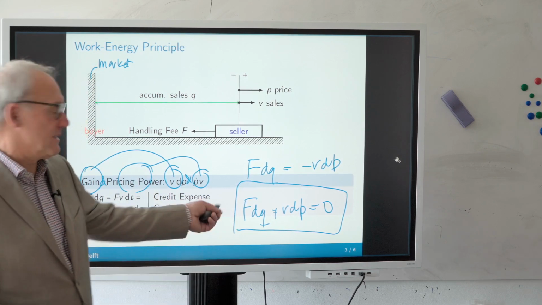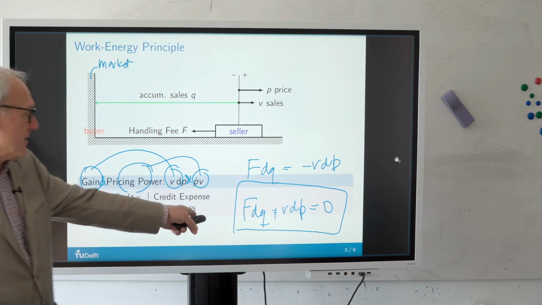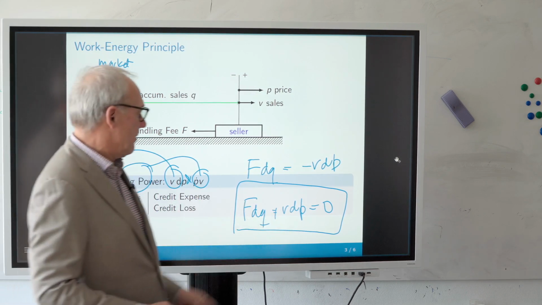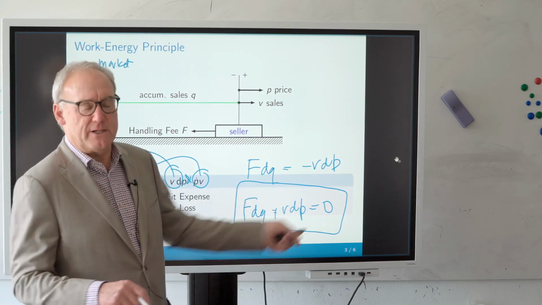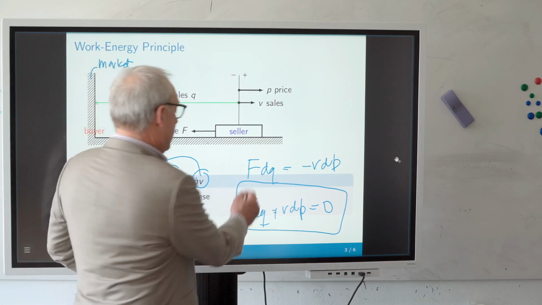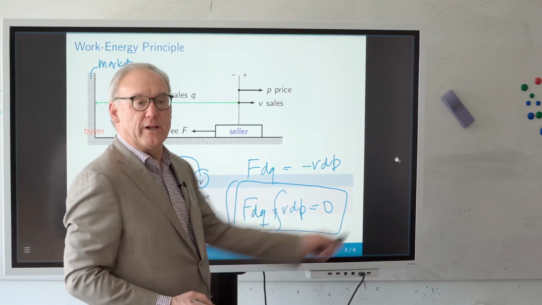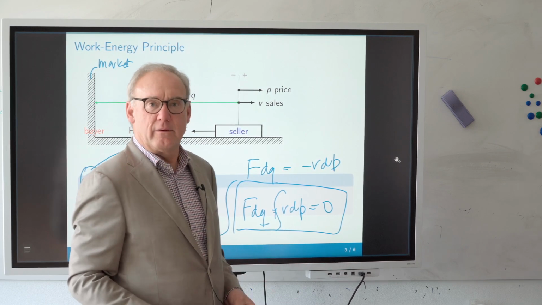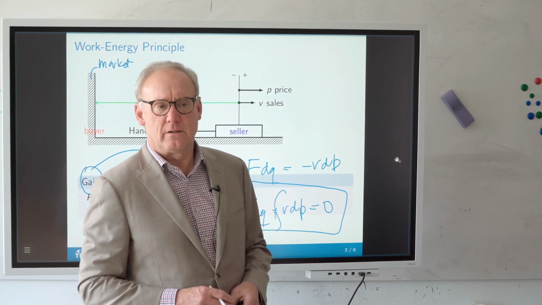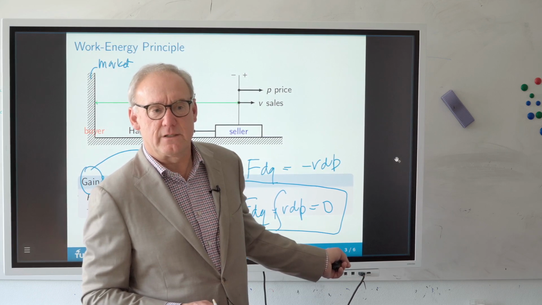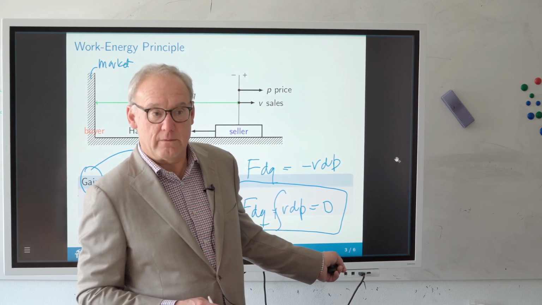Yeah, but what is it saying? Some change is zero, right? It must be a conservation principle, because if I take an integral, I'm going to get a constant, right? What is this law? It's a law of conservation of energy. Okay?